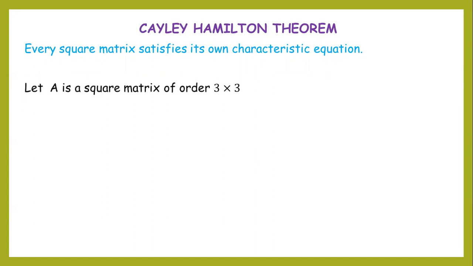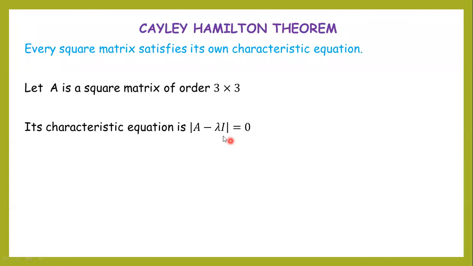It means if we have a matrix A, and let its order be 3 by 3, then its characteristic equation is determinant of A minus lambda I equal to 0, right?